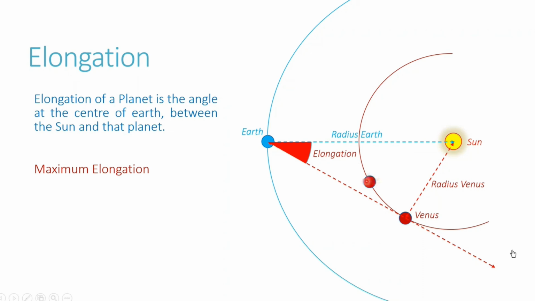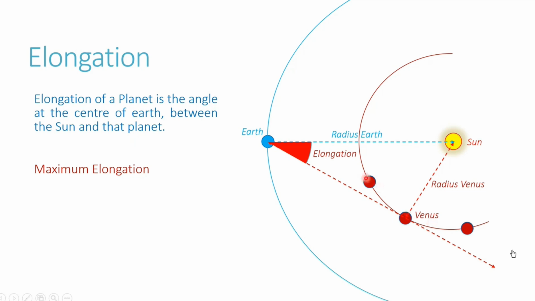Let's assume that if planet Venus is at this particular position here, the elongation will be the blue color line showing the radius of the Earth and the line joining the center of the Earth with the location of Venus at this particular point. If Venus is at this particular location here, the elongation will again be the angle between the radius of the Earth and the line joining the center of Earth with center of the Venus.